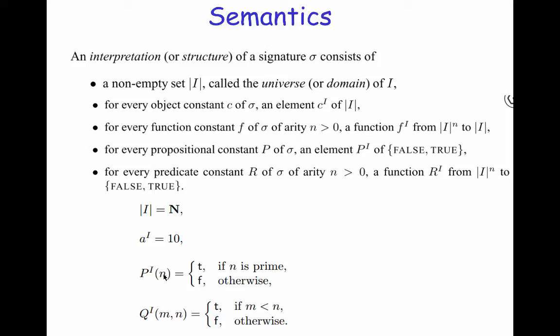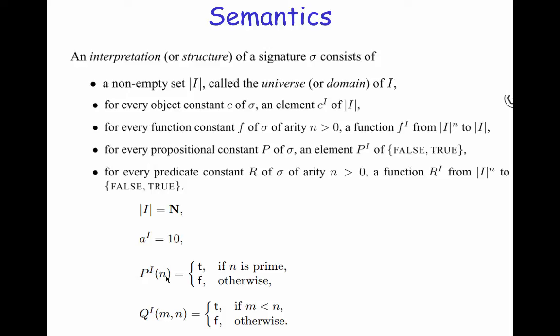So then 10 is not a prime, so exists X, P of X is actually false. Because of the restriction that we only care about object constants to be substituted for variables in the existential quantifier, exists X, P of X means the same as just P of A. And obviously P of A is false.